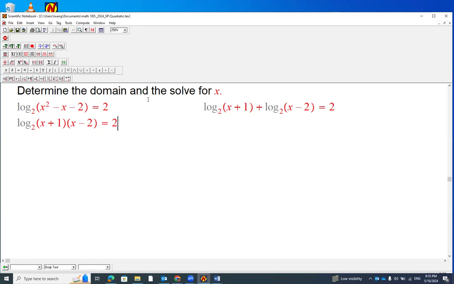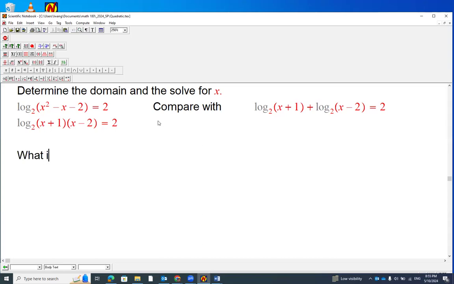What's the difference between these two equations? Compare with the other, what's the difference? So let me tell you the difference. The difference is the order of operation.